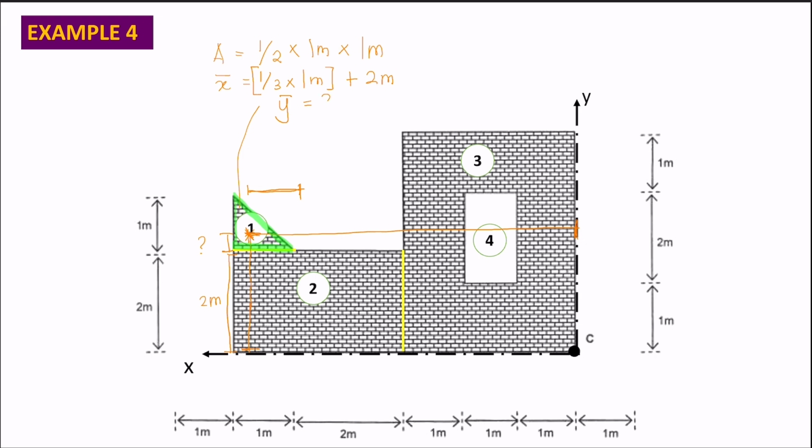It should be 2/3 times the breadth of the triangle, 1 meter. And we have to add another distance here, which is 2 meter plus 1 meter plus 1 meter and plus another 1 meter to get to the y-axis, 5 meter. So add another 5 meter here.